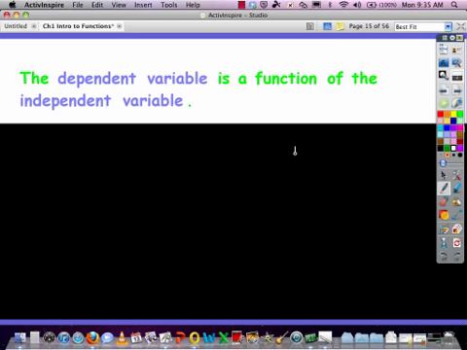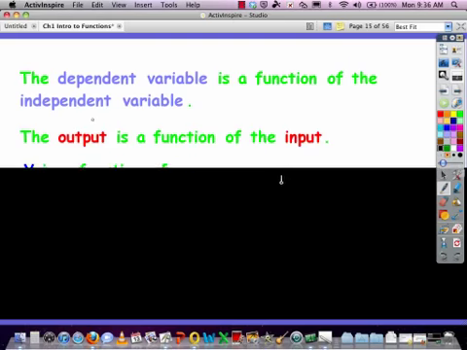Y is your result in your equation, and it depends on what you put in for x. Some of you might think again, put the words in: the dependent variable, or y, is a function of the independent variable, or x. So y is a function of x is another way to say that.